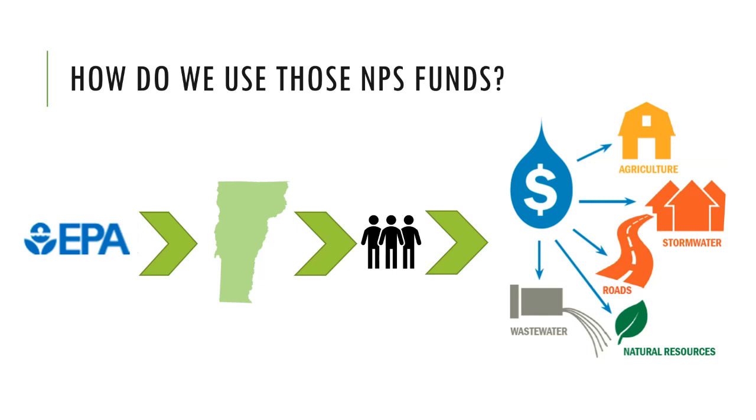So as the state of Vermont, how do we use those funds? Vermont's a little bit special, but we get some money from EPA. We use that money directly to provide funding for our staff, and a lot of the staff that receive the EPA funding are in the Clean Water Initiative program, which is my program within the Department of Environmental Conservation.